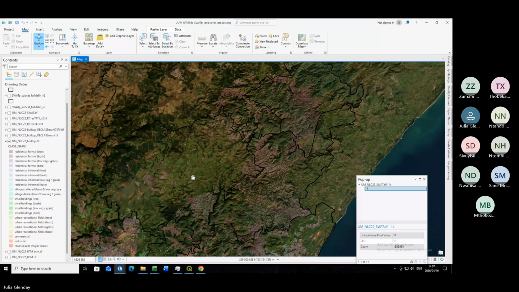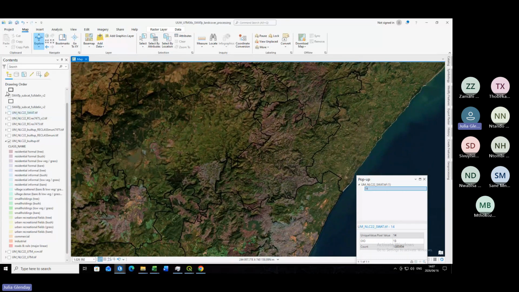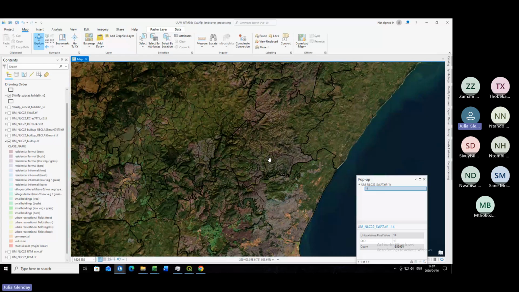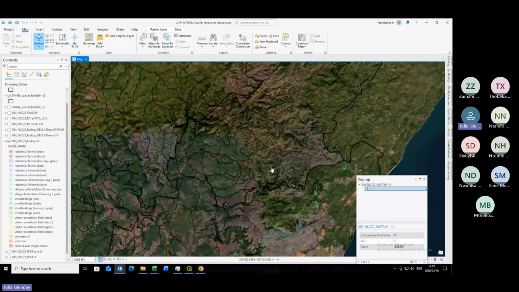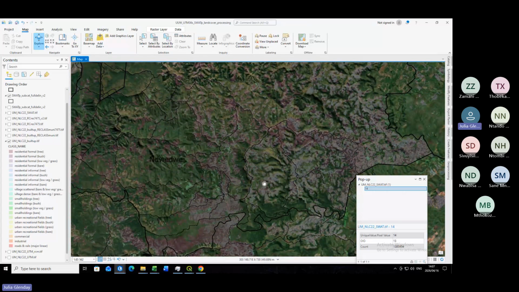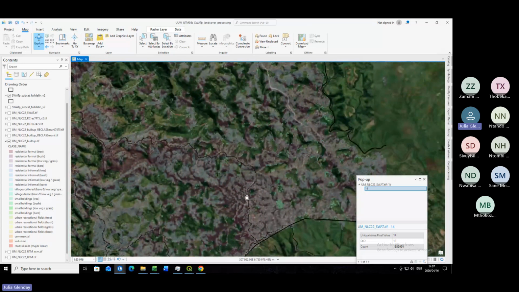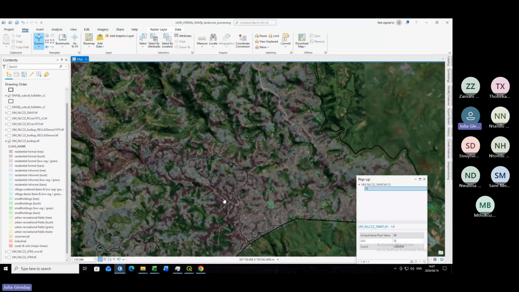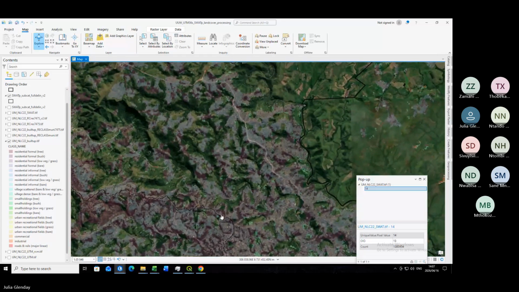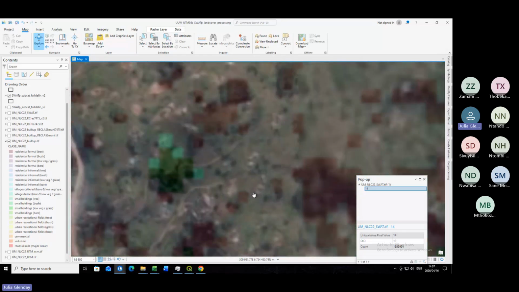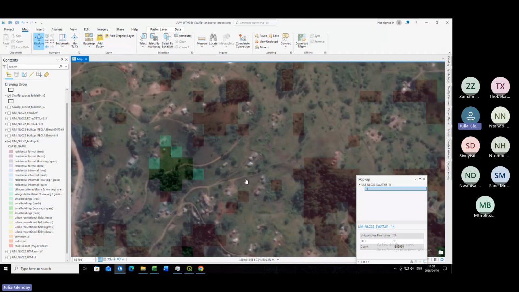I'm leaving my catchments on. Okay, there we go. If I go somewhere over here, you'll see areas that were mapped to that same class that are really not very dense at all.